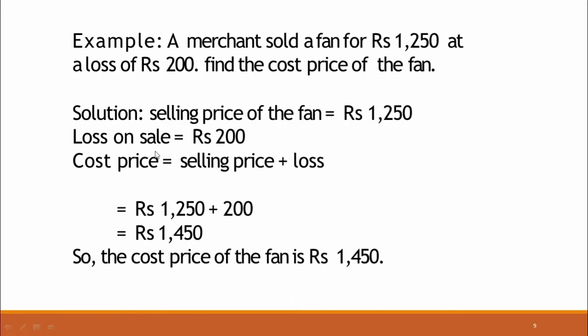Loss on sale is 200. Now the cost price is equal to selling price plus loss. The selling price is 1250 rupees plus 200 loss. So the cost price is equal to 1450. So the cost price of the fan is 1450.